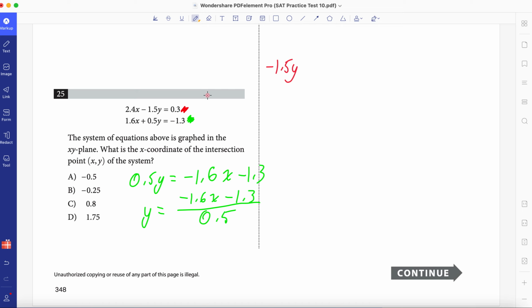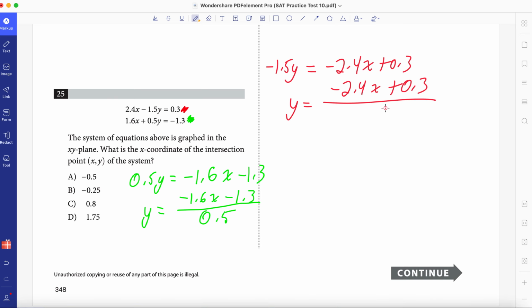But now let's just rewrite this red equation as negative 1.5y minus 2.4x plus 0.3. Y is going to equal negative 2.4x plus 0.3 over negative 1.5. And now let's just bring these equations over.